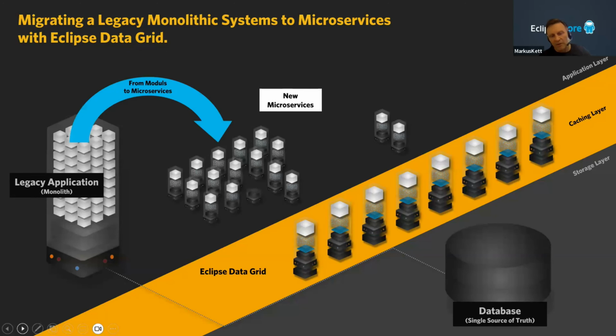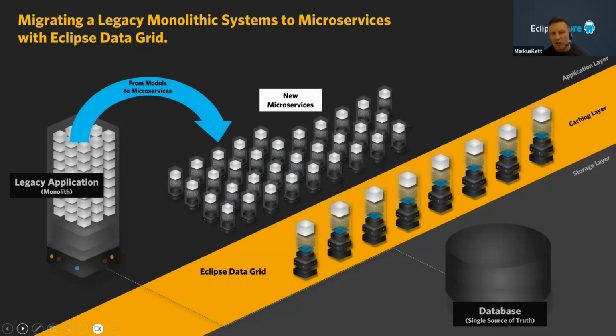And this will be a fluent process, and you can run both applications in parallel, your old legacy application and your new microservice application. And of course, there has to be implemented some kind of synchronization process. But this solution, Eclipse Data Grid, is really a great fit for these migration projects.